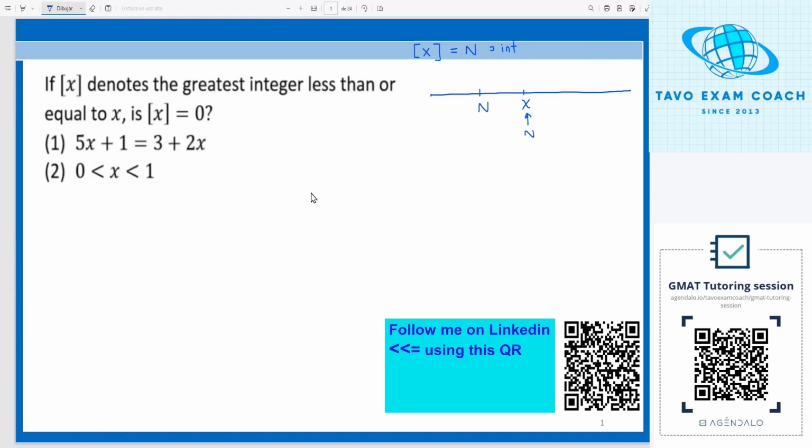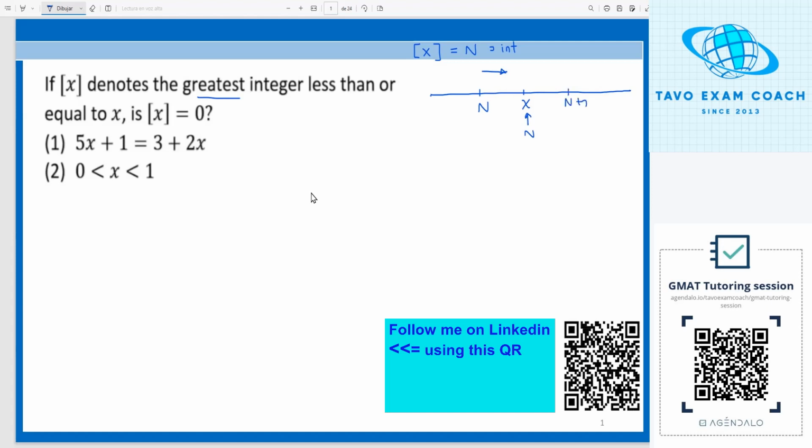These are the possibilities. But since the definition says that it is the greatest integer possible, that means there is no other integer closer to x from its left. In other words, the next integer after N, which would be N plus 1, couldn't be on the left side of x.